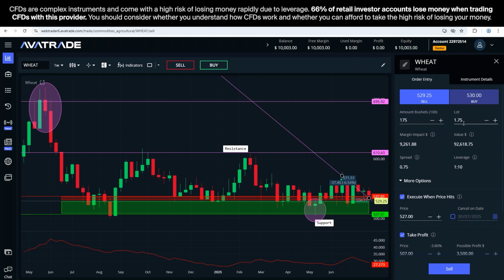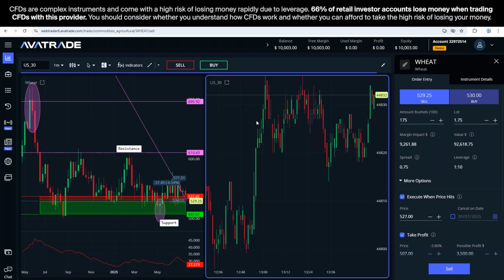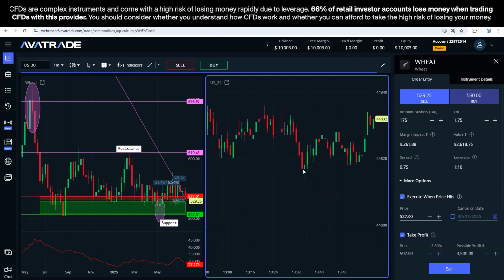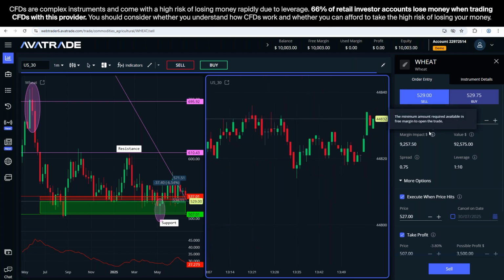This position now will require me to use 92% of my account, which is not always a good idea. What I want to do is use a partial amount and leave myself room to maneuver, if I want to take another position with Nasdaq or Dow Jones or anything else. I want my margin to be properly managed.